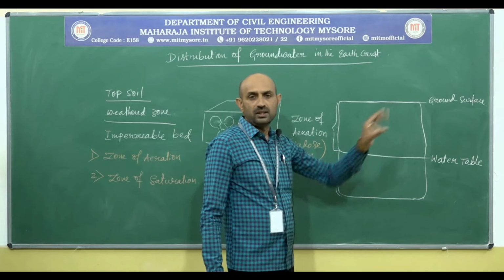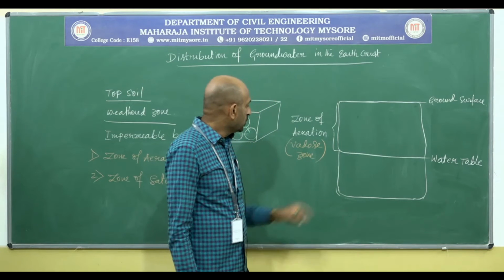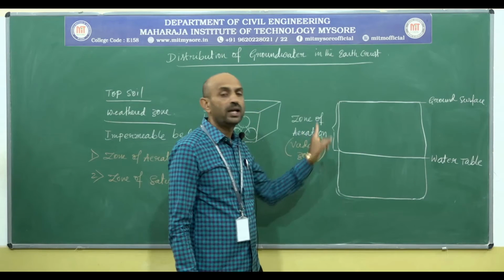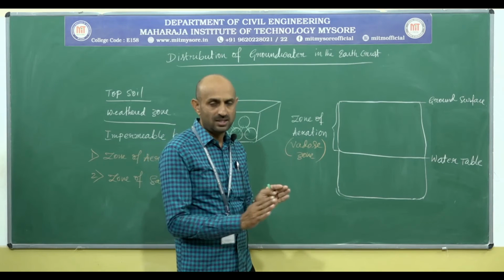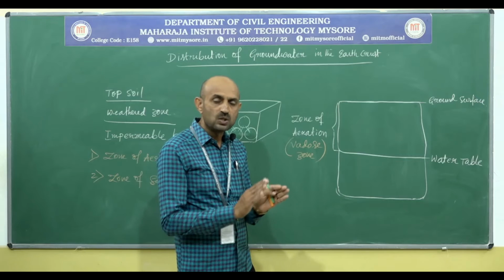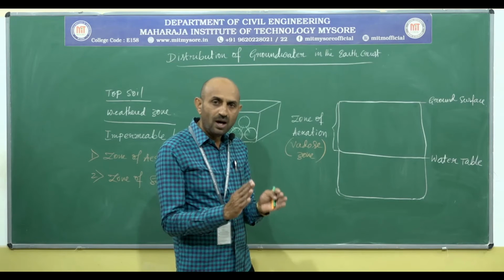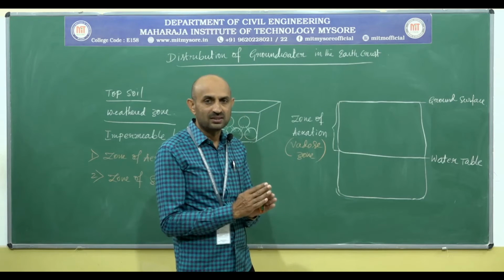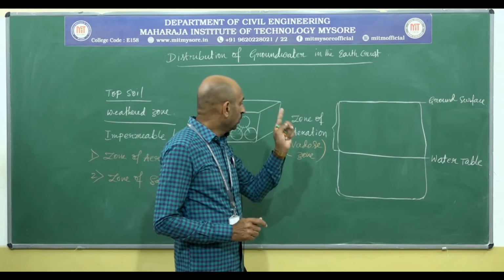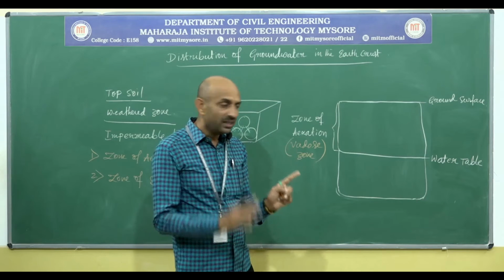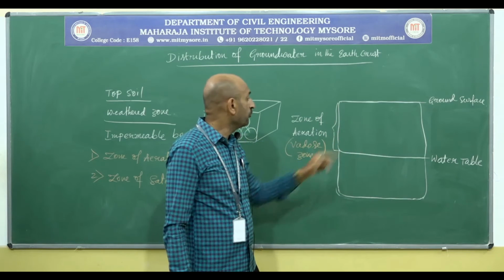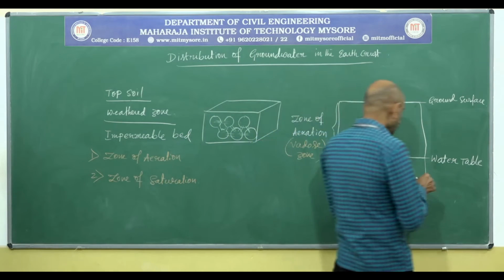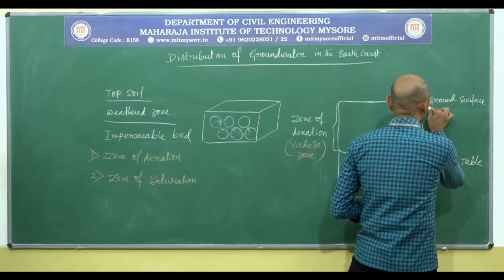In this region, which means in the zone of aeration, we are going to find interstices, which means voids. Voids means pore spaces. Water which is present in these openings in the zone of aeration is called suspended water.